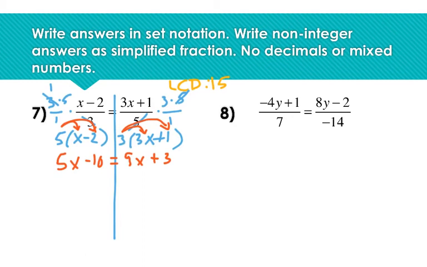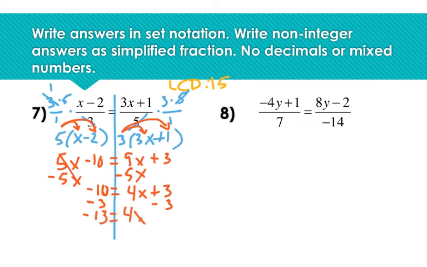So simplifying, we'll subtract 5x's since it's smaller than 9x's. And that's just nice to have positives. So that gives us negative 10 equals 4x's plus 3. Subtract 3 from both sides, and we get negative 13 equals 4x's.